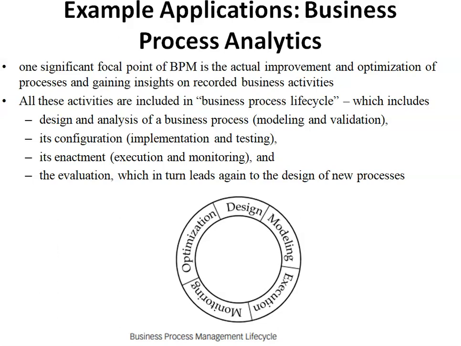All the activities included in this business process life cycle can be seen in this diagram, which starts with the design and analysis of the business process, which includes model building and validation.